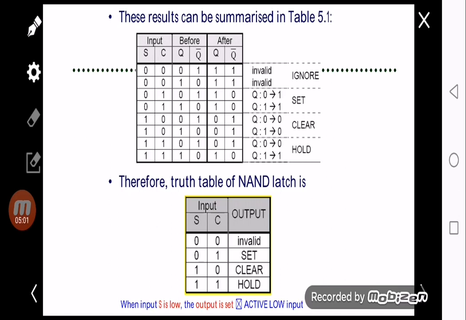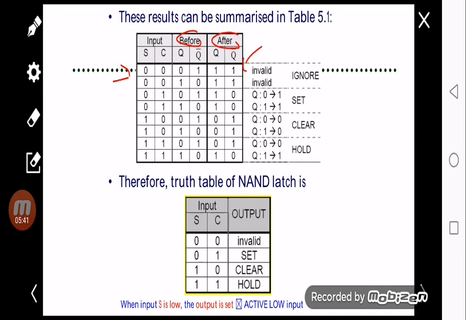This is the truth table for the NAND SR latch. We have the SC input, Q before and Q after. If we give the input S and C as 0, 0, and the Q before is 0, 1, the output will become 1, 1. It is impossible for Q and Q bar to have the same value, because Q bar is the complement of Q. Supposedly, if Q is 1, Q bar should be 0.